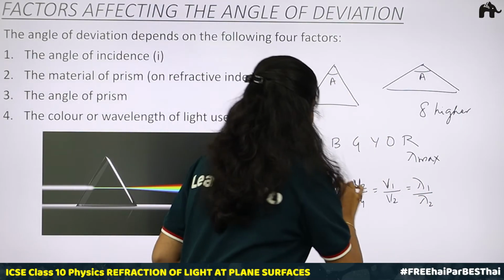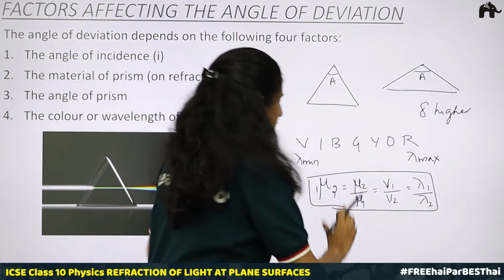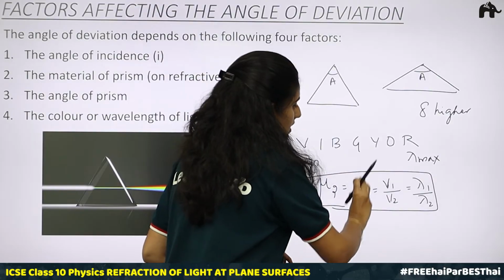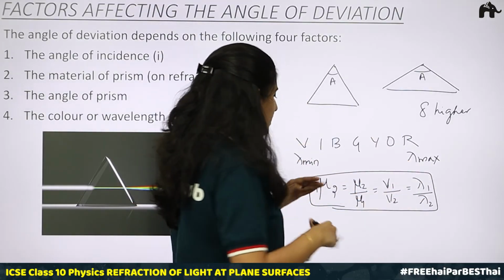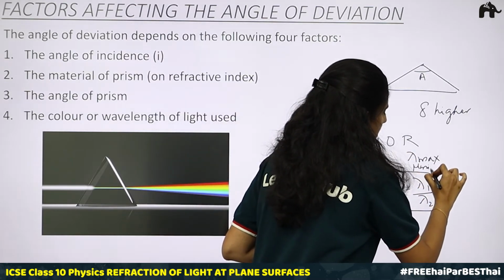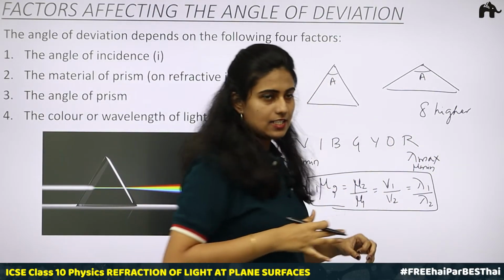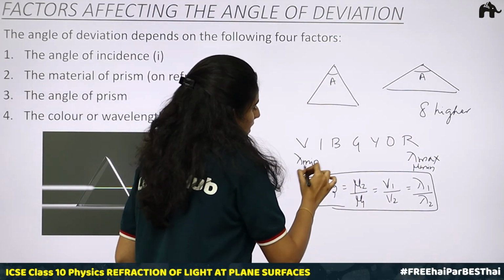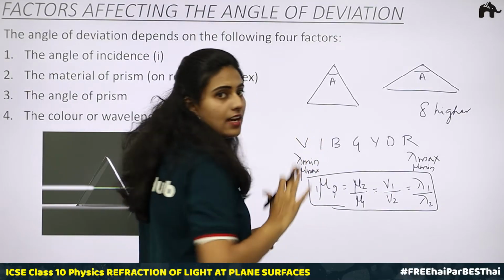We have studied this relation in the previous class. Which means refractive index is inversely proportional to wavelength. When wavelength increases, refractive index decreases. So we will have minimum refractive index for the maximum wavelength, red light, and the refractive index will be maximum for the minimum wavelength, violet light.